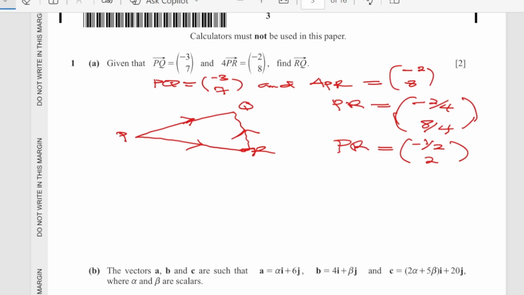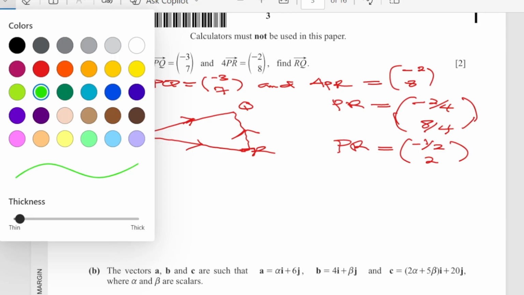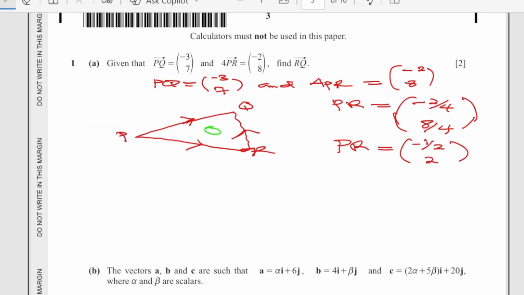Right. Then, if I consider the loop, this is a closed loop, we have PR plus RQ is equal to PQ. It's a closed shape. So this is following this direction, then this direction, and this will close it.